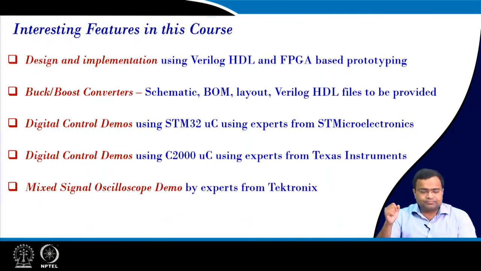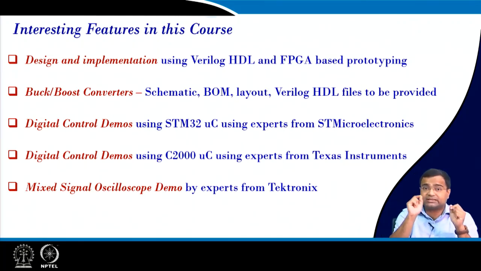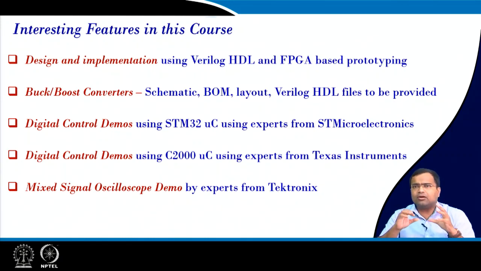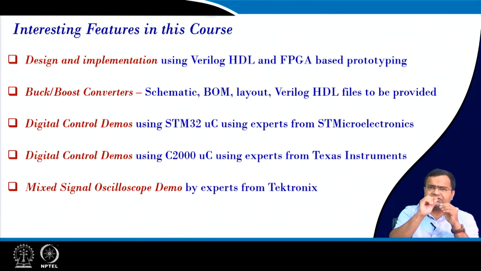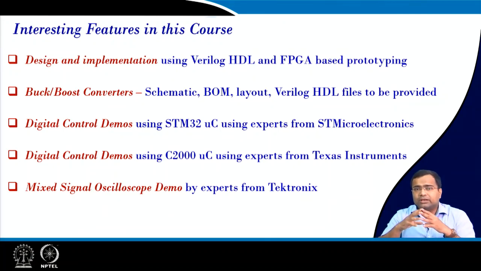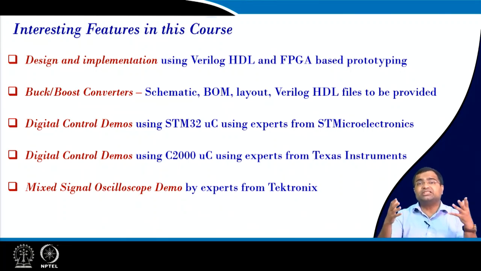In this course, we will also be showing how to use a mixed signal oscilloscope, because we are also dealing with digital control. Naturally, in our power converter all signals are analog, like the output voltage, inductor current waveform, and gate signal, and we use an analog probe for the oscilloscope to show them. But at the same time we also want to see some of the digital control signals, let us say the digital command signal. So we need a mixed signal oscilloscope in which there are dedicated analog channels as well as digital channels.